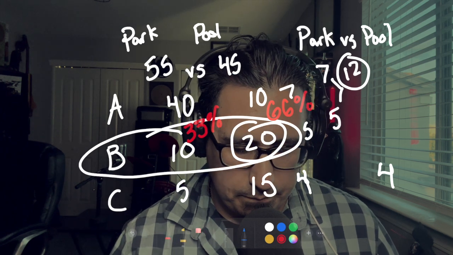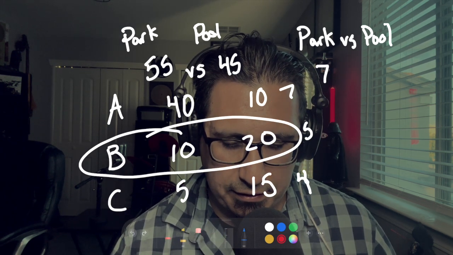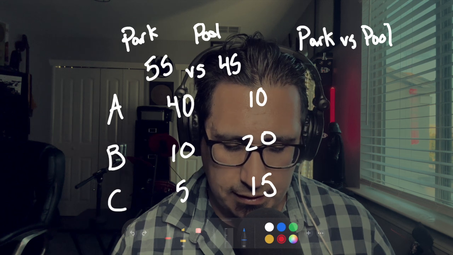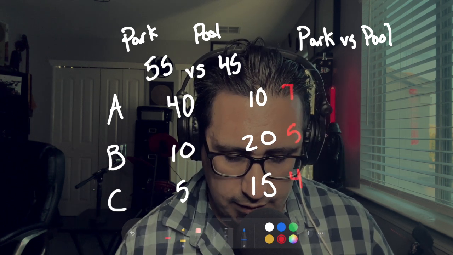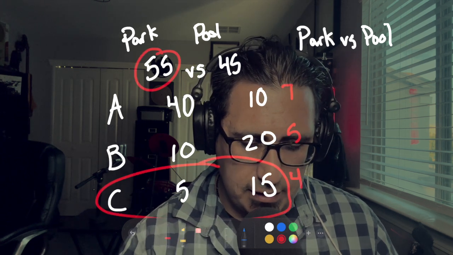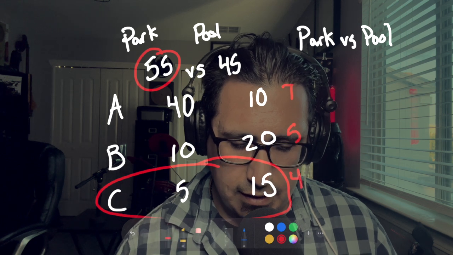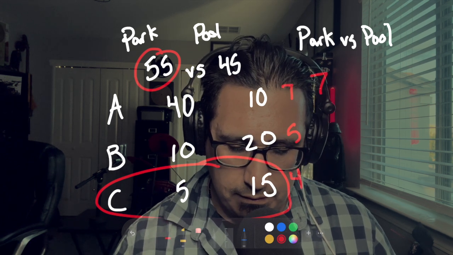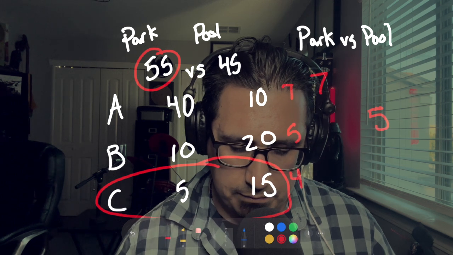And if we were to try the same thing in the last scenario, we didn't do it with C, but it's essentially the same thing. So again, 7, 5, and 4. Let's say this one's going to go with the national popular vote. So they still get their 7 for the park. Pool still gets 5 because that was a majority.